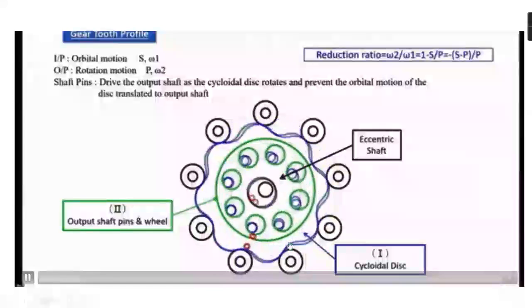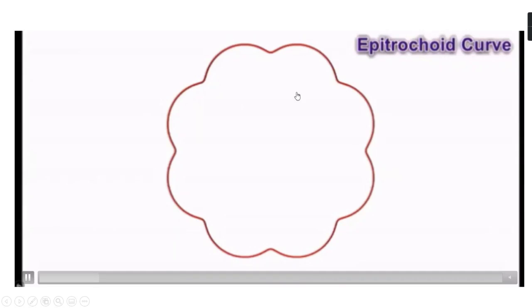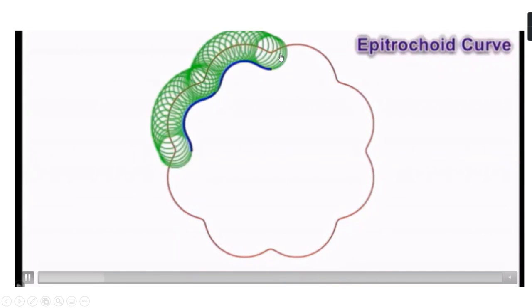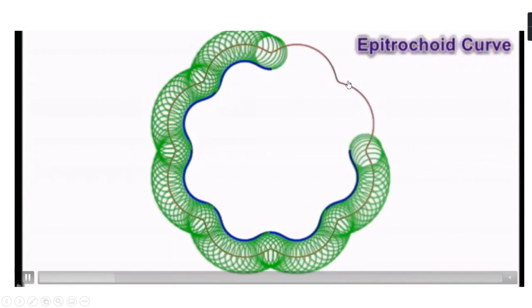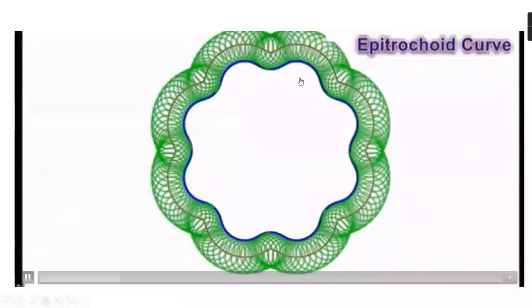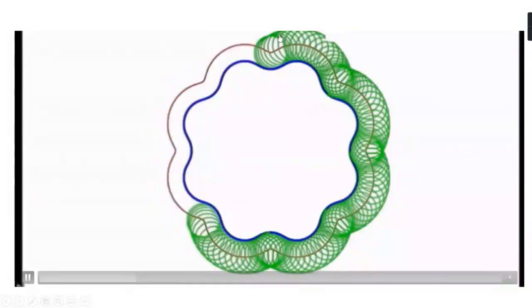This is your cycloidal disc. This is your output shaft and pins and wheels. So how are they moving? This is your epitrochoidal curve. At the outside, when the disc was rotating, that is making the trochoidal curve.